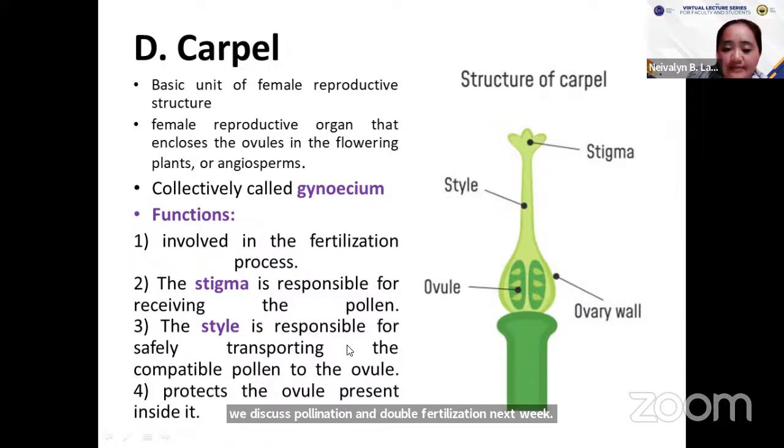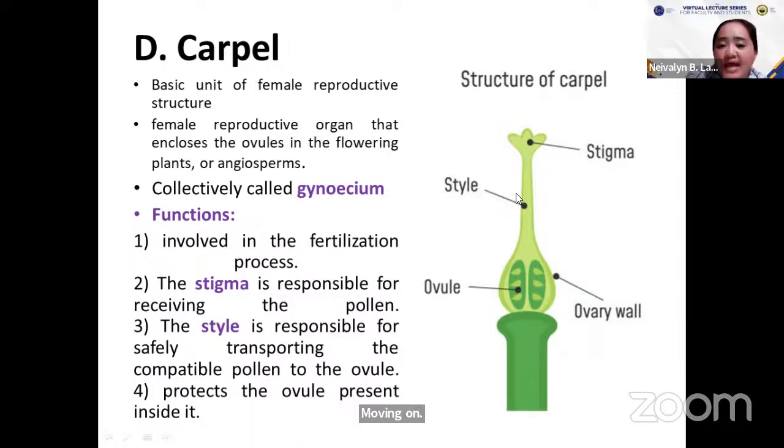Moving on. Aside from the carpel having the style, which is responsible for the safe transportation of the pollen to the ovule, the carpel also functions in the protection of the ovule present inside the ovary. The ovary contains the egg cell.